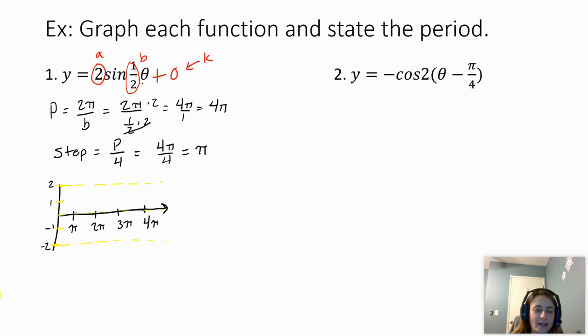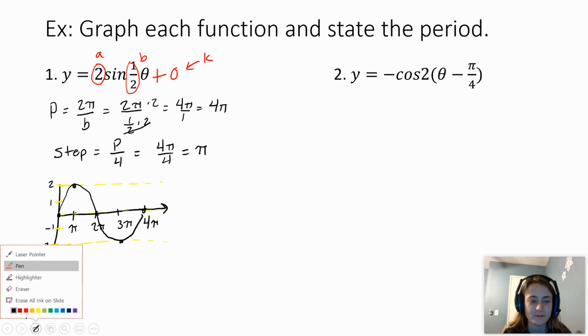Okay, and it's sine, so we know we start at the midline, max, midline, minimum, midline. And there's our function.